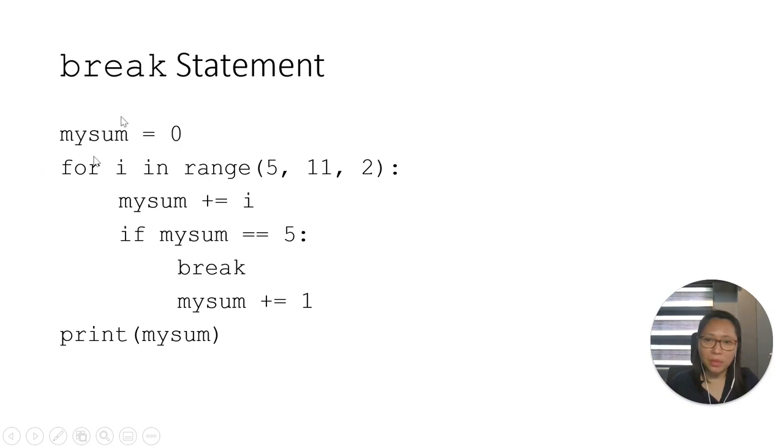The output is, because the initial value of I is 5, my sum gets 0 plus 5, so my sum is 5. If my sum is equal to 5, this is true, it breaks. When this encounters break, this my sum plus 1 will not be executed. So control goes right away to print. So the output here is 5.